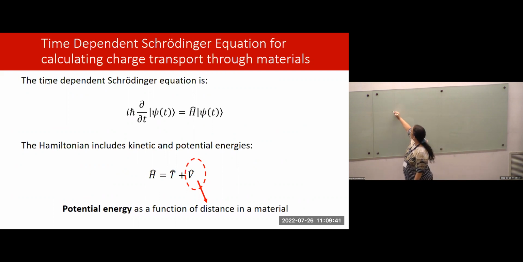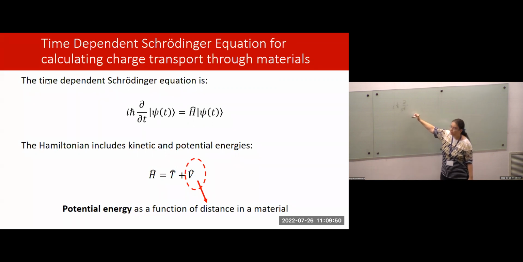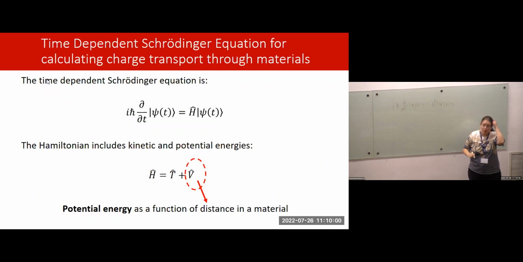And so we have i h bar, the first derivative in time of the time-dependent wave function, equals our Hamiltonian acting on it. And this needs to be solved.